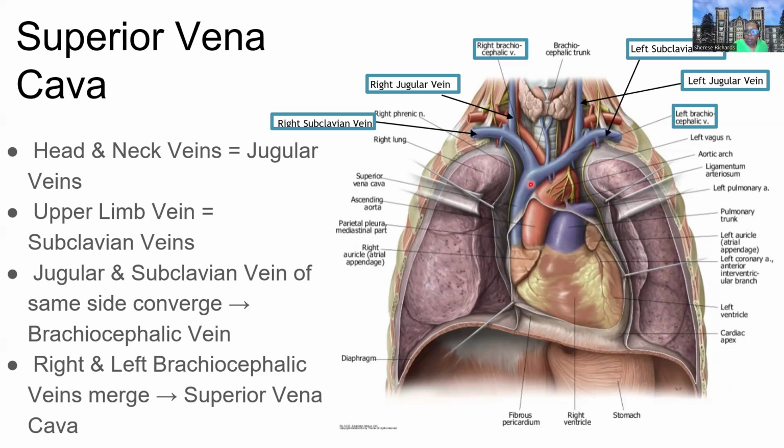Cross to end up on the right side of the thorax, and then it can merge with the right brachiocephalic vein, and then together they form the superior vena cava. So that is all of your venous drainage from the head, neck, brain, and upper extremities on both sides of the body, basically everything above the diaphragm.